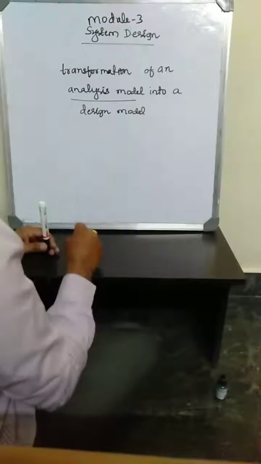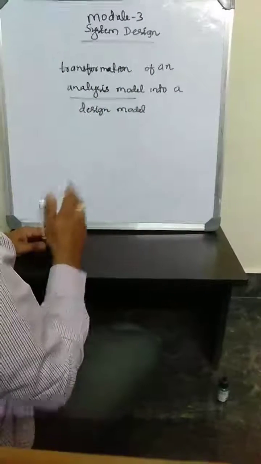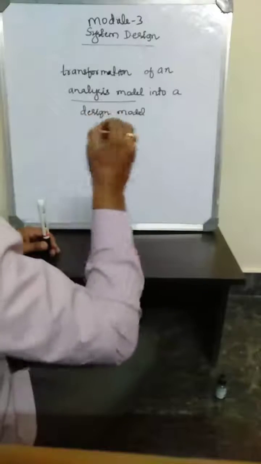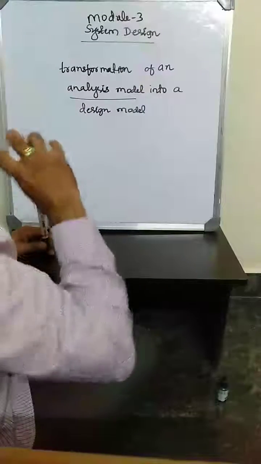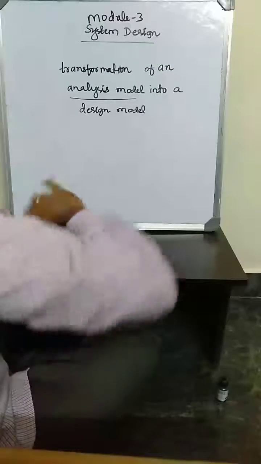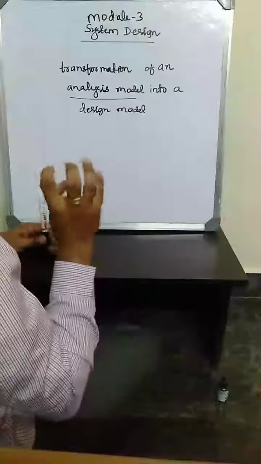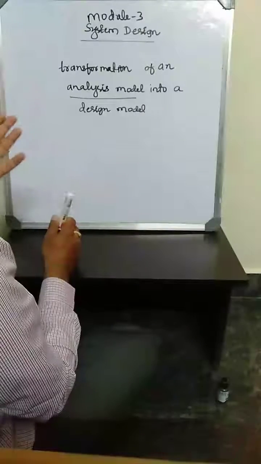analysis means, if we take constructing a house, we will first see the site where exactly we can construct the house. Whether a house can be constructed there or not, that we need to analyze. If that is not accurate, then we are not supposed to have a good analysis.